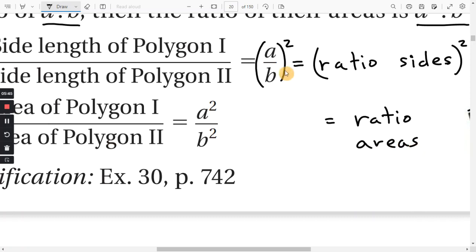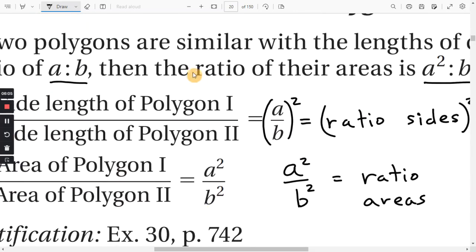Now remember, when you square a fraction, you have to square the numerator and denominator individually. So if you square this, that's going to be A squared over B squared. So just take the ratio of the sides right here, square it, you'll have the ratio of the areas. And that works when you have polygons that are similar.